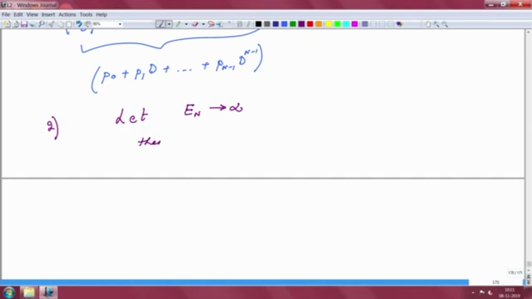Then this multiplier basically tends to, because this term becomes negligible.